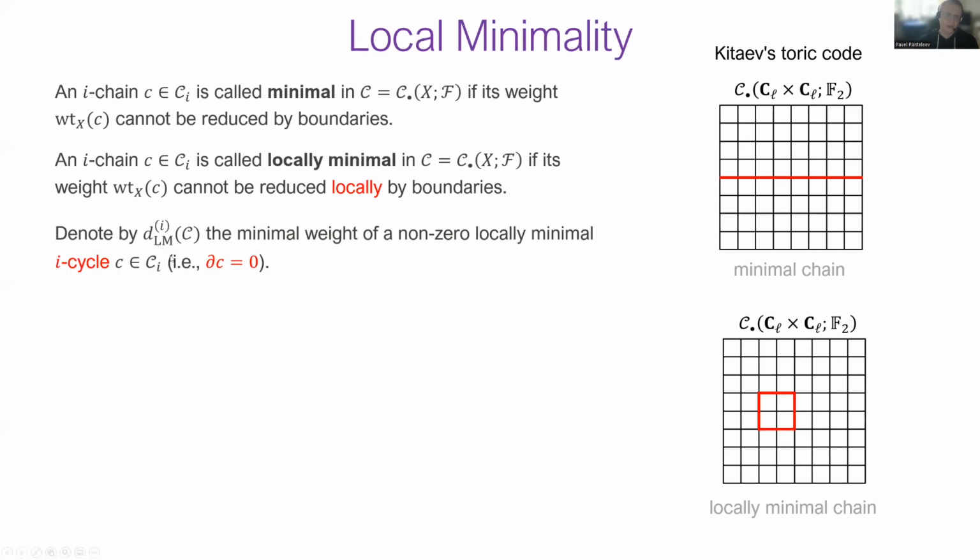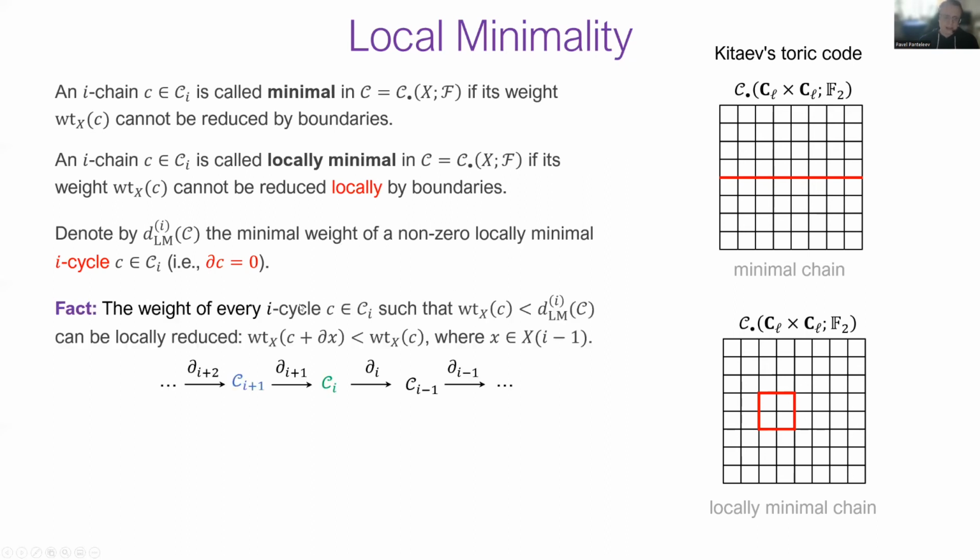If we denote by this value the minimum weight of a non-zero locally minimal one-cycle, then we have the following fact. If we interpret this part of the complex as a code defined by this parity check matrix, where here we have bits and here we have checks, and we have some bit string and apply the parity check matrix to it, then we obtain a syndrome.